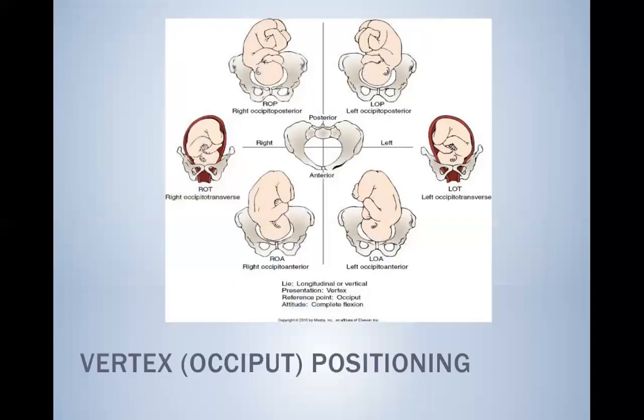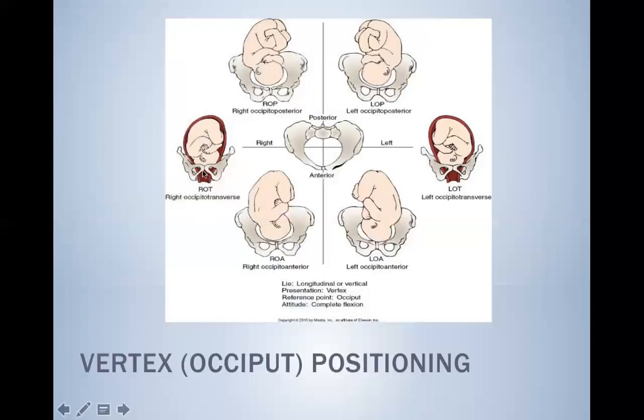And when that happens, not only does mom experience that back labor, but she also is going to have a really tough time pushing that kiddo out, because instead of the small part, the occiput, being anterior and leading the way out, the occiput is posterior, and the frontal part of the head is leading the way out, which is a much larger diameter. So it's much harder to push the baby out.